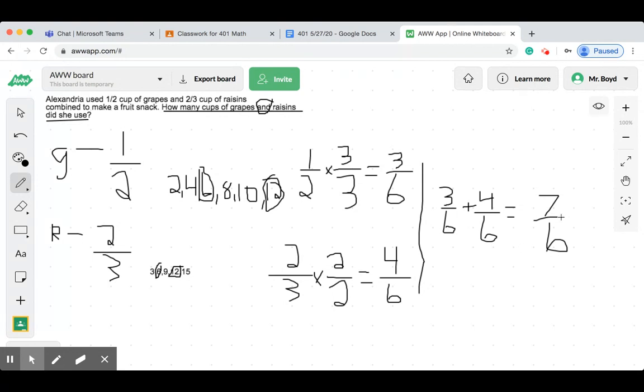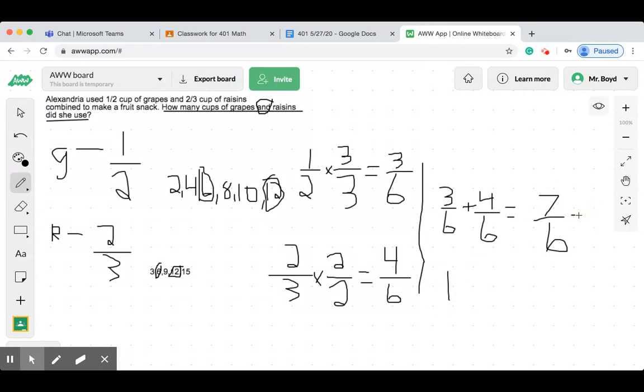Now I could leave my answer as 7/6 cups, or I can change it to a mixed number. So if I know our denominator is 6, in order to change it to a mixed number, I will realize that 6/6 would equal 1 whole. So I can take away 6 from my numerator and create a whole.